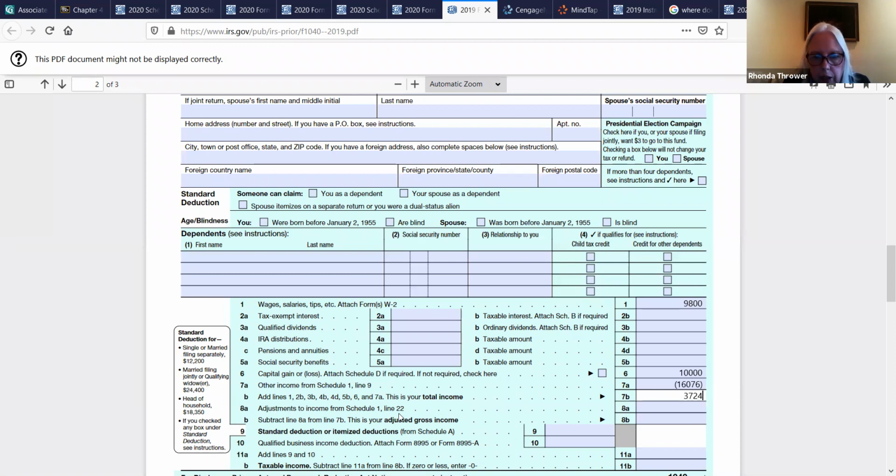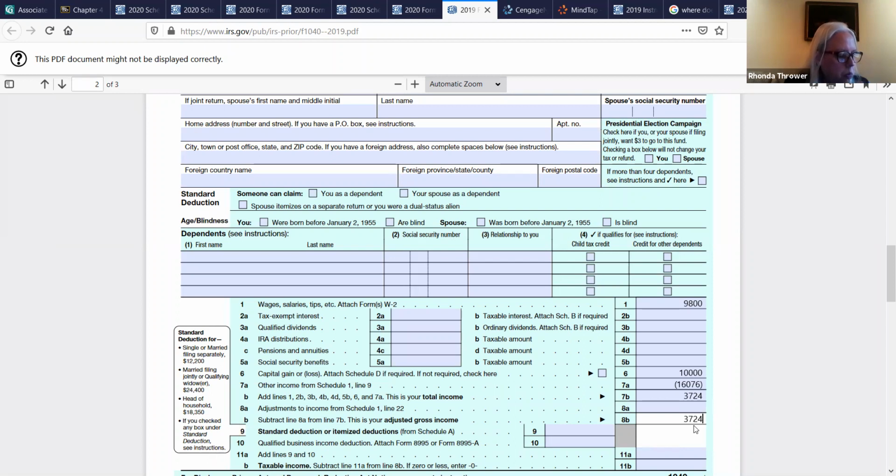And then we did not do any adjustments on line 8A, and line 8B is subtract 8A from 7B. So we just have 3,724 listed again. And this is the adjusted gross income. And so that adjusted gross income goes here.